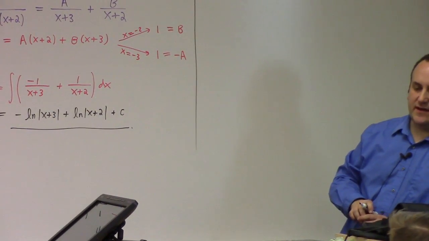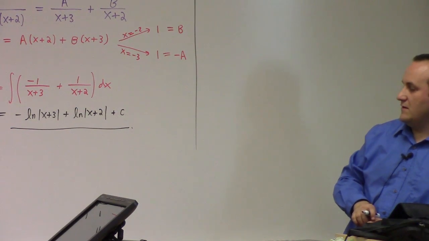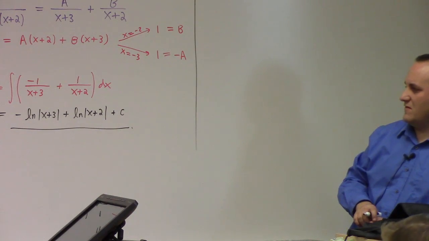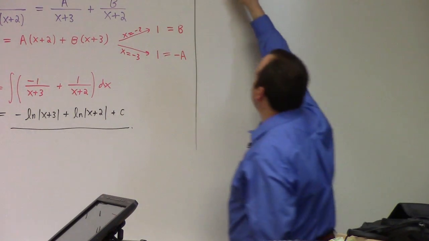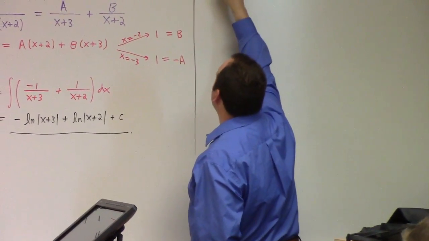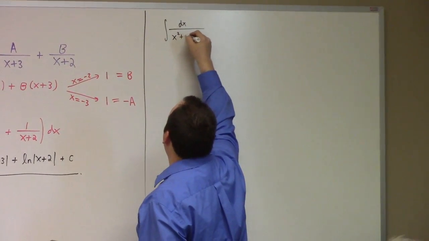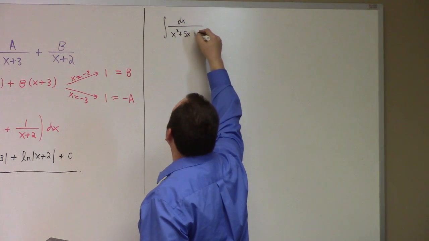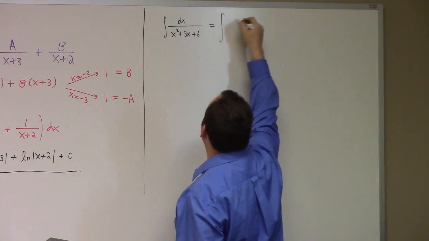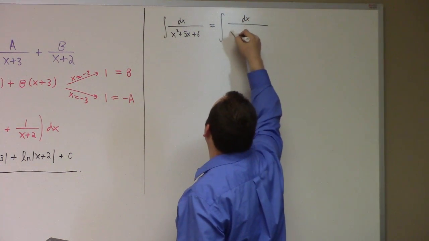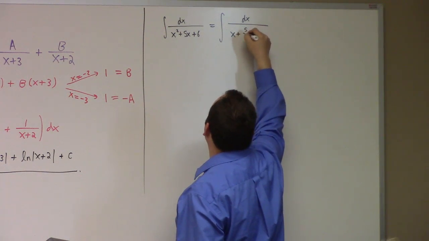Let me just take a second here to try to do this another way. Oh, I think I'm going to regret that. What would completing the square look like here? That's x plus 5 halves, right?